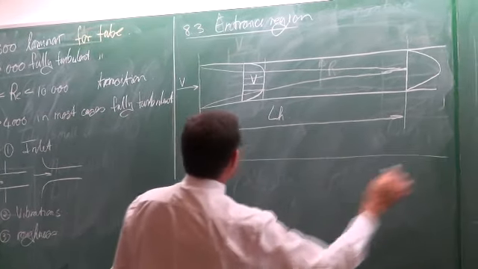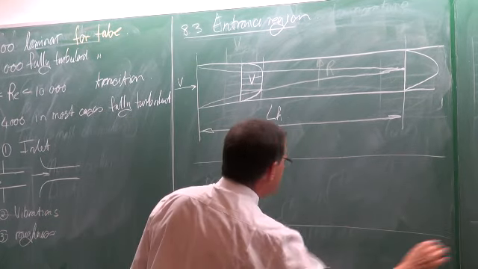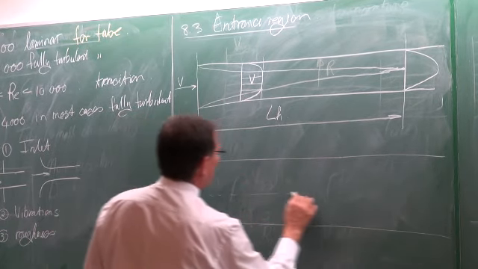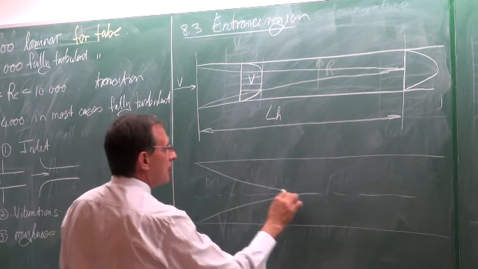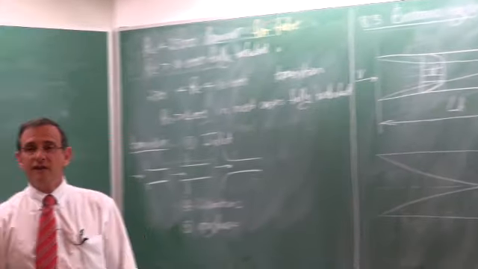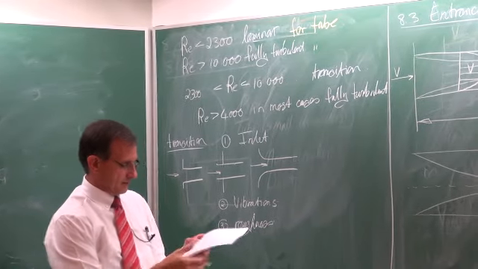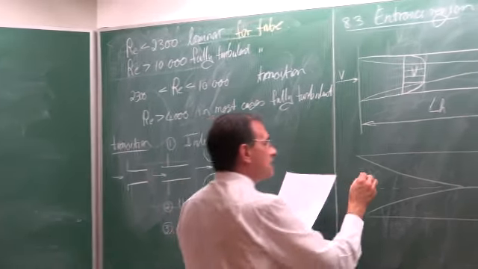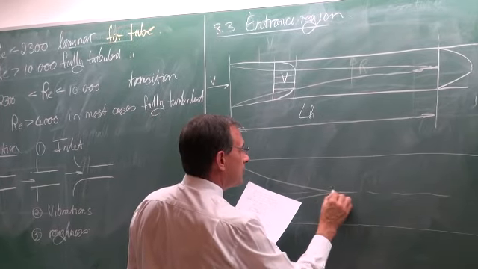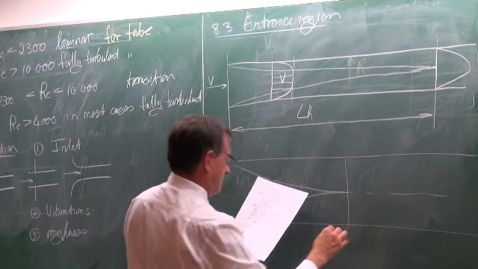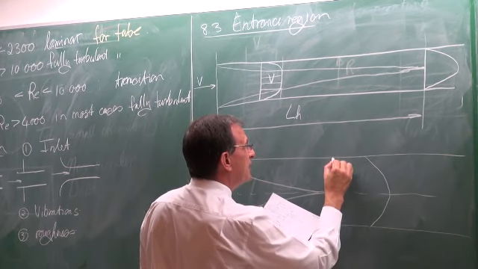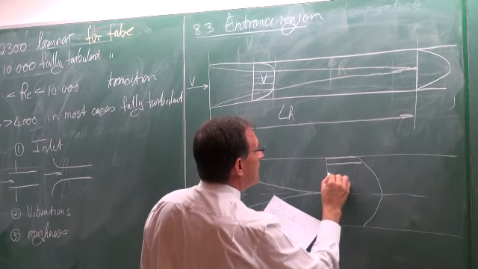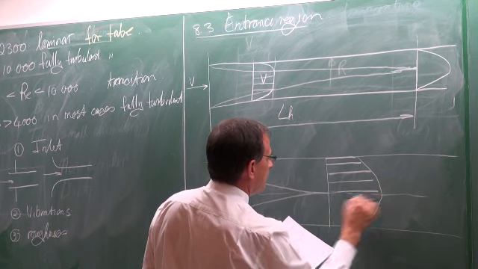For the thermal boundary layer, the principle is exactly the same. The two boundary layers are going to develop until they meet. And at this point, there's going to be a fully developed temperature distribution.